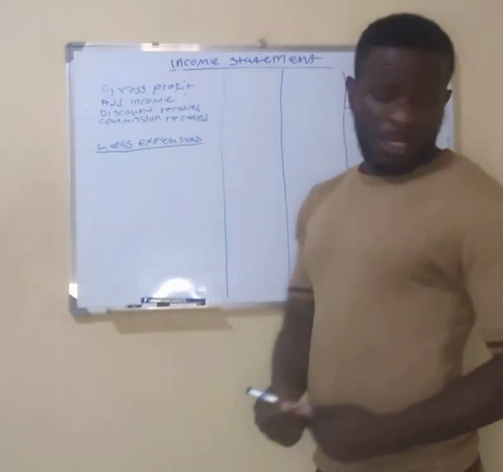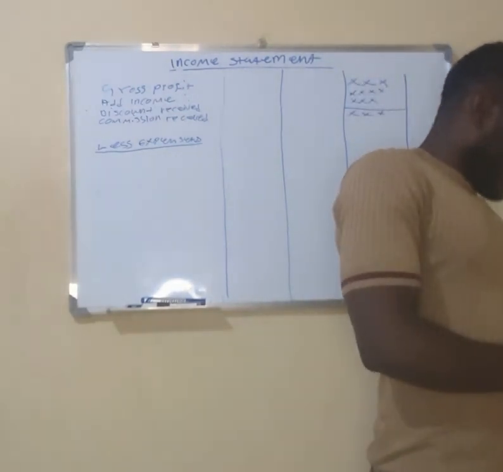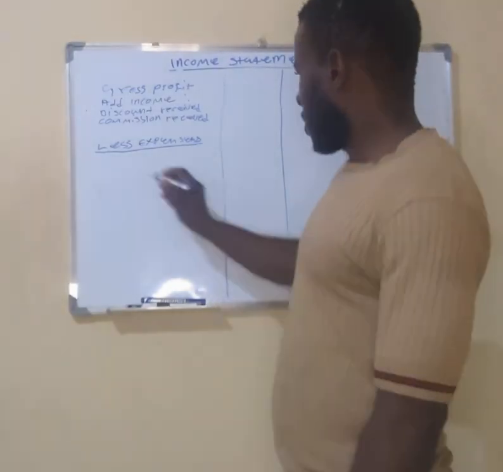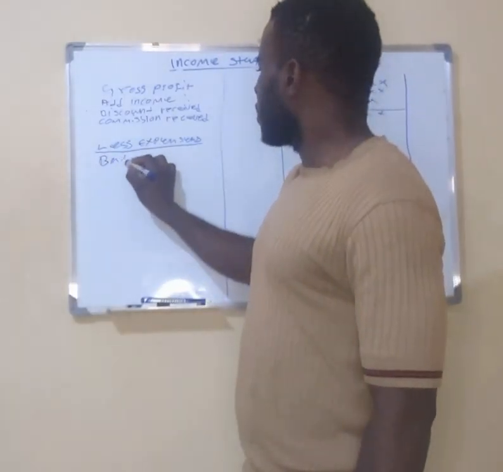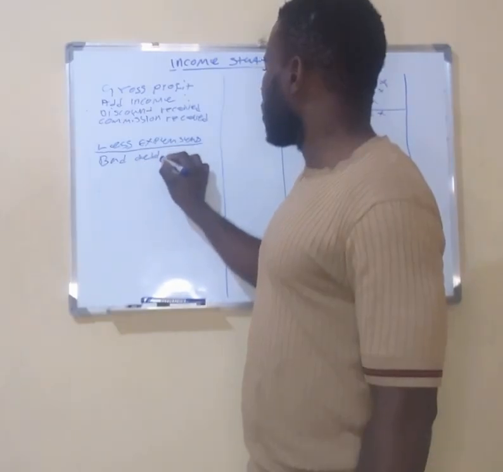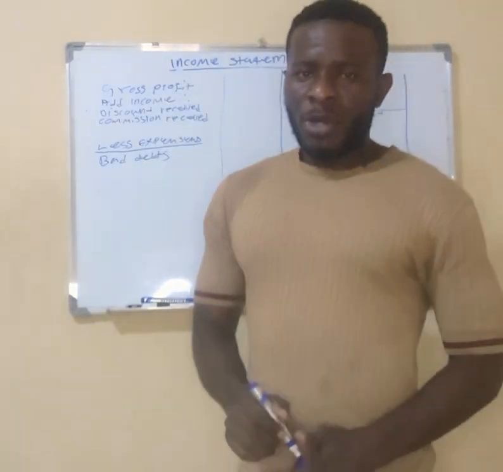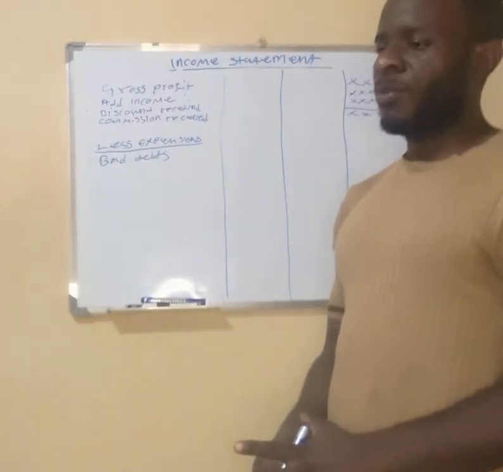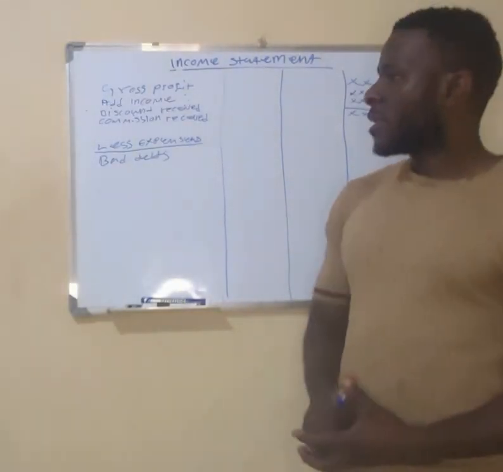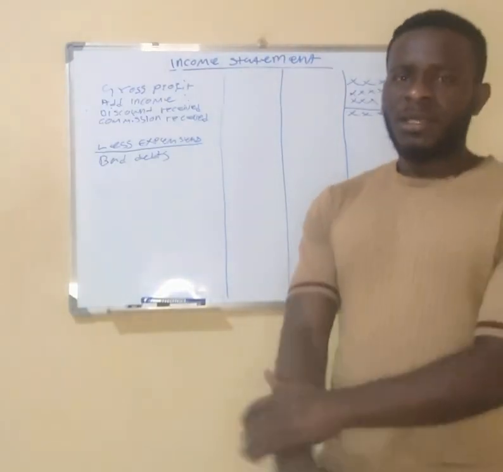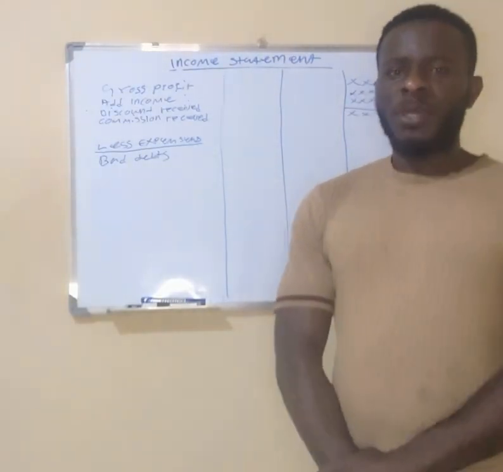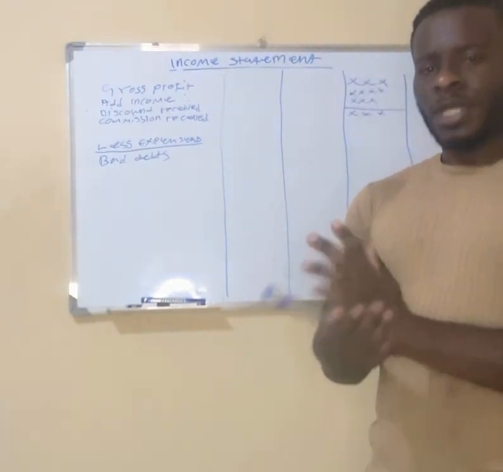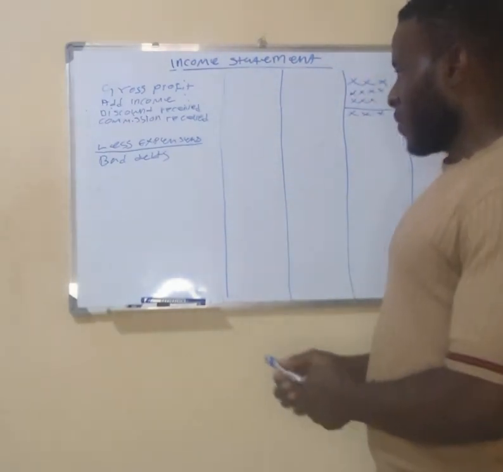For the expenses, let's say you have experienced bad debts. That becomes an expense to the business. Someone collected goods from the business on credit, and after that, the person goes mad, or dies, or runs away without returning the money to the business.